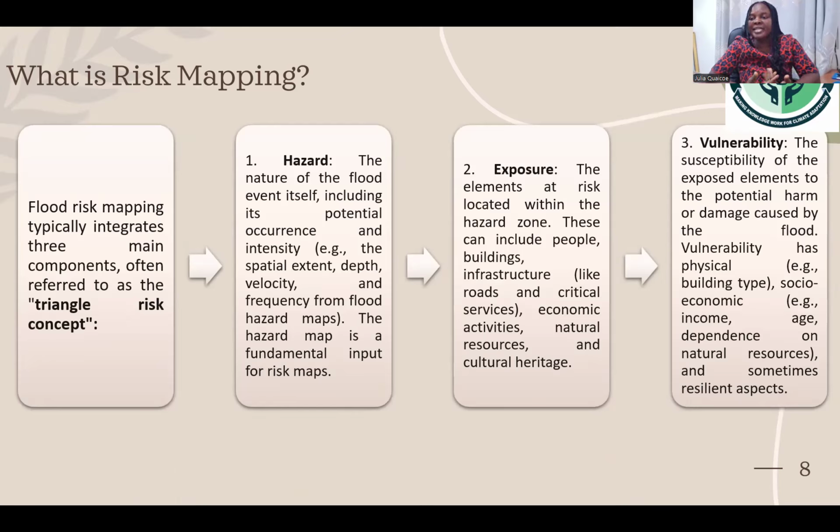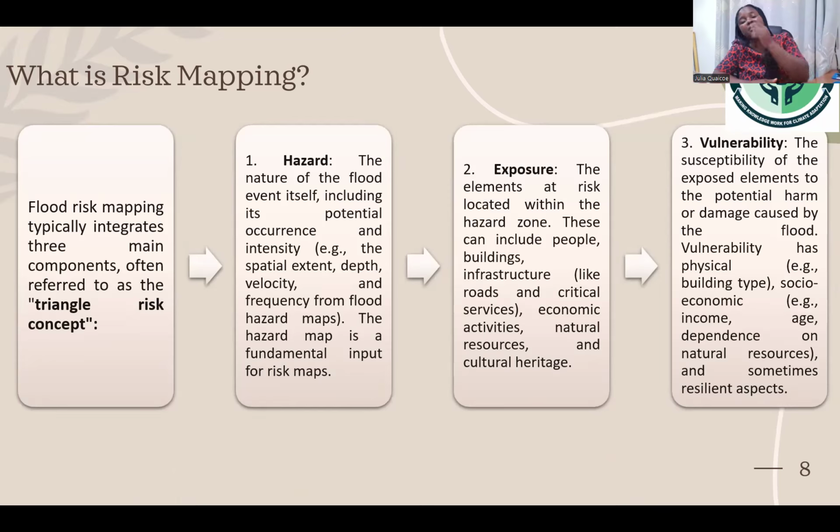Physical vulnerability simply looks at all the physical elements which are prone or which could be damaged during the flood. For example, if there are buildings within the flood-prone zone, the buildings within the zone are exposed.